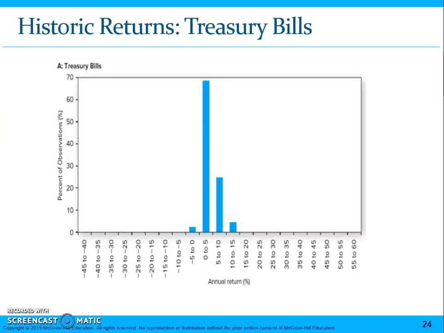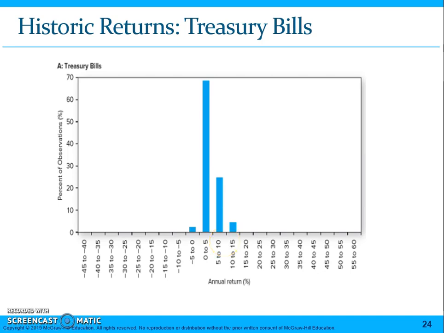This is the historic returns for Treasury bills over that time period. We can see that the vast majority were 0 to 5%. Just over 20% of the returns are 5 to 10%. Zero losses over here, looks like less than 5%, and then 10 to 15%, somewhere in the neighborhood of 4 or 5% maybe.